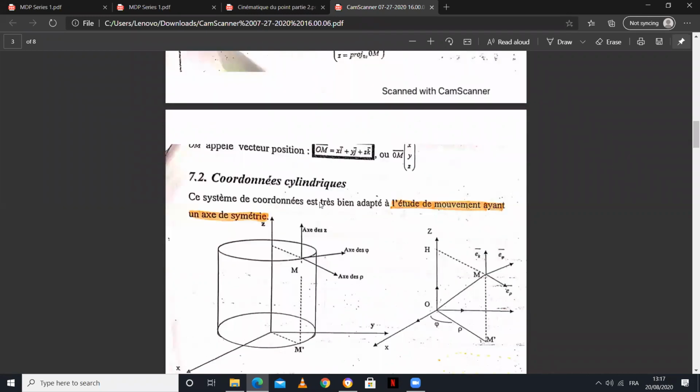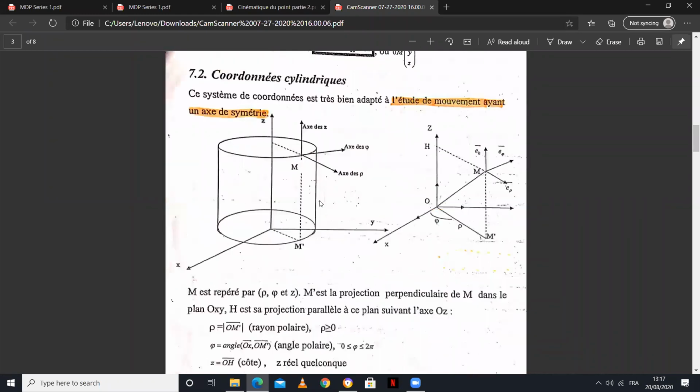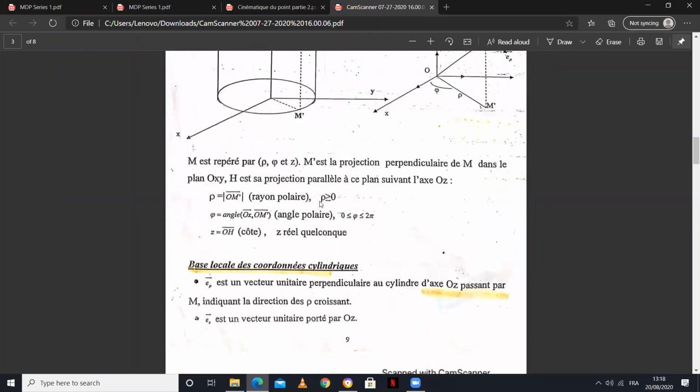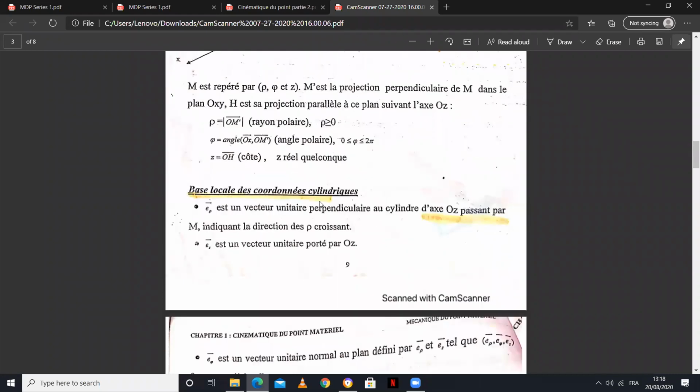Because as you defined it yourselves, vector position is telling you the position of M in space or in the repère you are dealing with. So you are moving from the origin of that repère to the point M. So a vector position is simply OM, but not always OM.